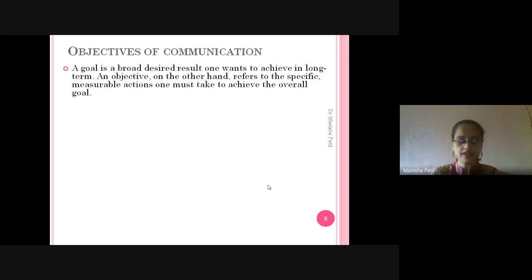And when, for example, you are studying mass communication, and in that paper you are studying unit number 2, objectives of communication, studying this particular unit is your objective. So your goal is to become a graduate, but right now your objective is to learn unit number 2 of mass communication. Am I clear? Yes, ma'am.